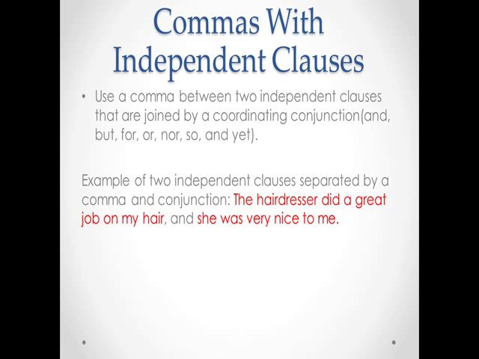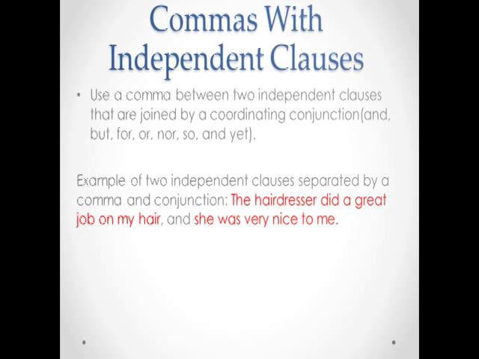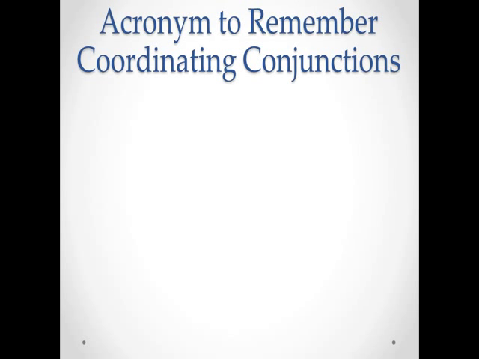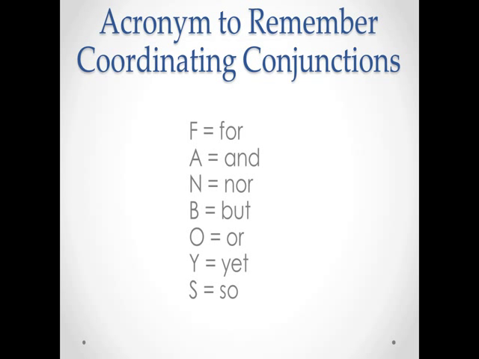So I could put periods there, but putting a comma with a coordinating conjunction connects the two ideas together. Again, a good way to remember your coordinating conjunctions is the acronym FANBOYS: for, and, nor, but, or, yet, so. Write that down.